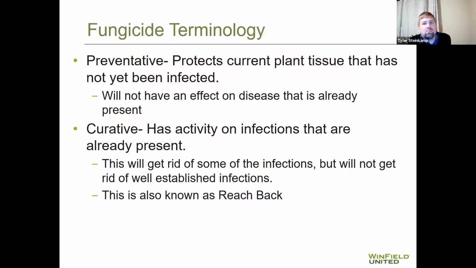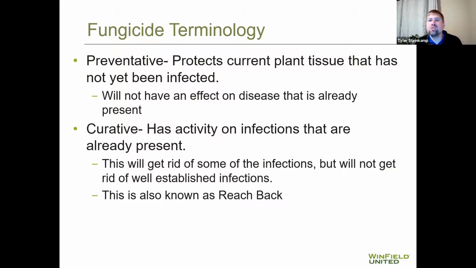The reason that's important is because usually the infection of that disease, that infection of that fungus, occurs much before we actually see the lesion on the plant. Okay, usually if you're seeing the lesion, that infection took place 8 to 10 days before.